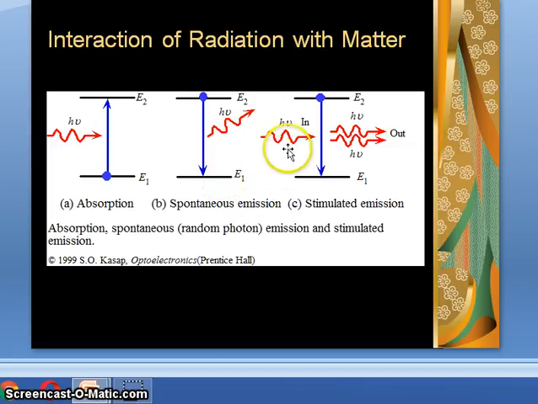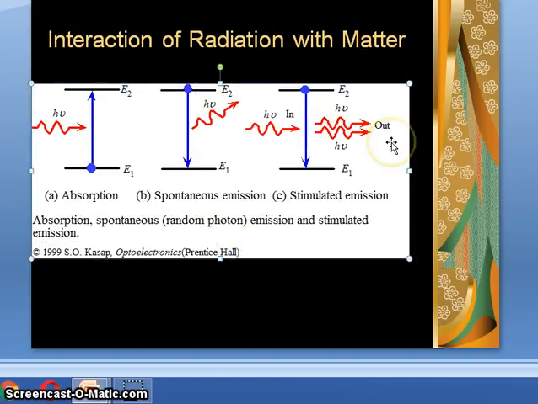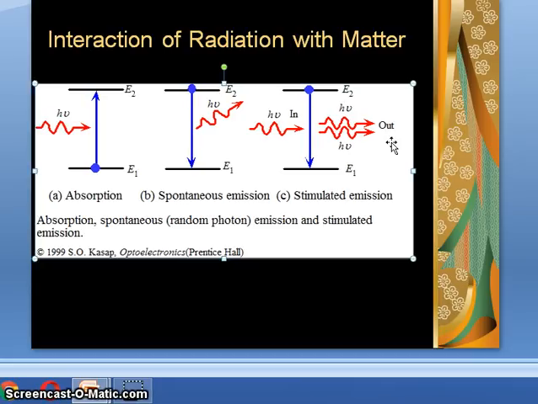And in stimulated emission, another photon is incident on the excited state and the atom or electron absorbs this photon and stimulates itself and jumps to the ground state by emitting two photons. This is the absorption, spontaneous emission, and stimulated emission.